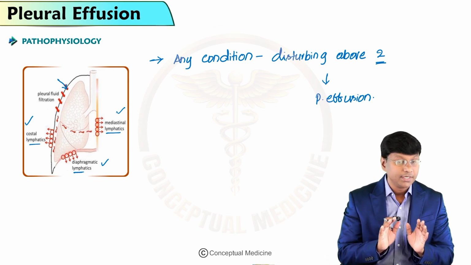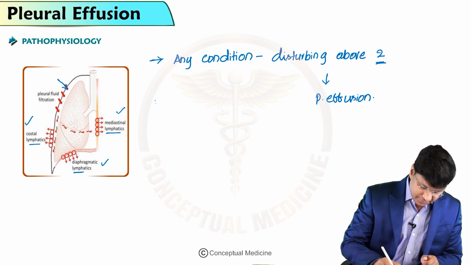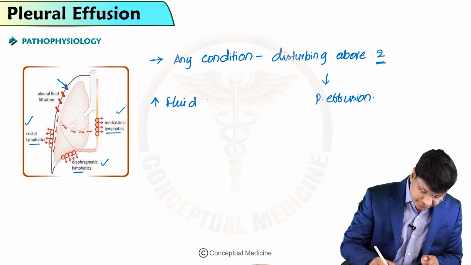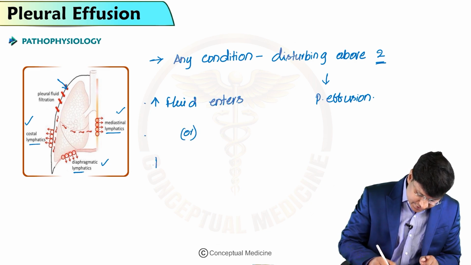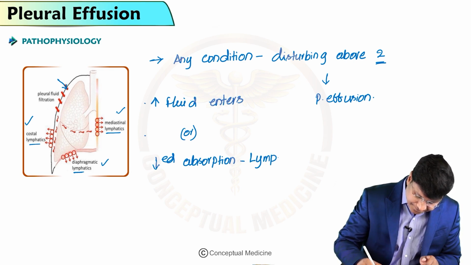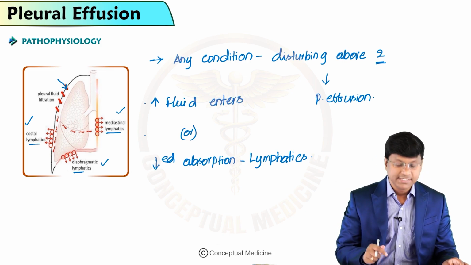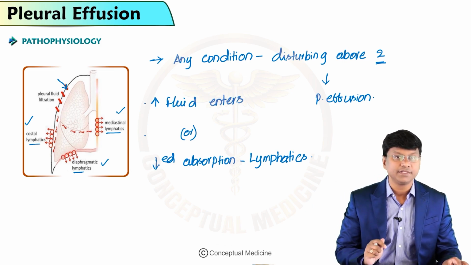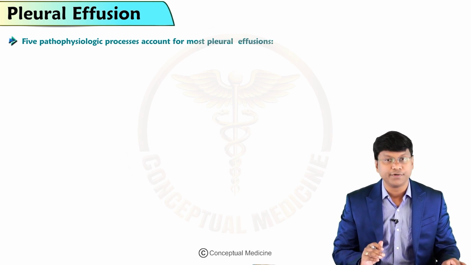What does that mean? Suppose an excess amount of fluid enters the pleural space via capillaries in the parietal pleura, or there is decreased absorption by the lymphatics, then that will also contribute to the development of pleural effusion.